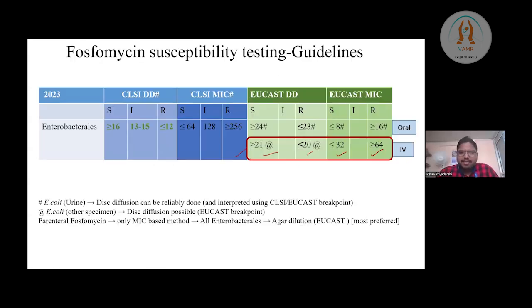One thing I would like to add here is that you may have a doubt subsequently, but the rule for this study has been defined that the disk diffusion, which Saru will tell about subsequently, you have to perform not only for urine E. coli isolates, but for the purpose of this study, for all Enterobacterales and all clinical specimens. The same applies to the fosfomycin MIC based study that will be described to you; it also needs to be performed for all Enterobacterales and all clinical specimens.